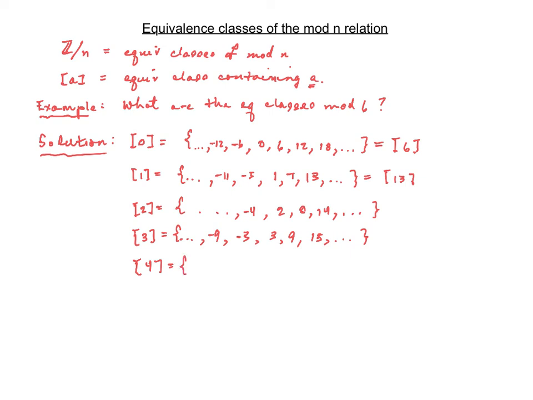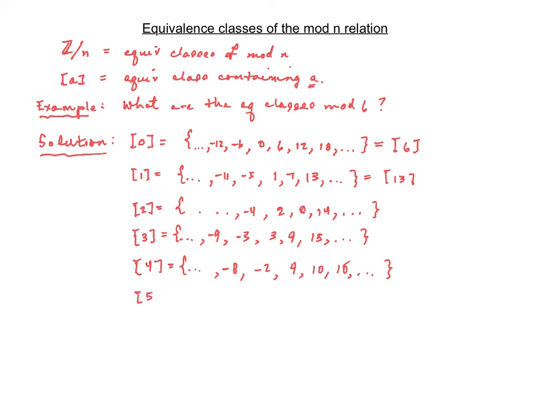The equivalence class containing 4 has 4, and then it has all of the numbers that differ from 4 by a multiple of 6. So that would be 10, 16, and then also -2 and -8, and so on and so forth through negative numbers.